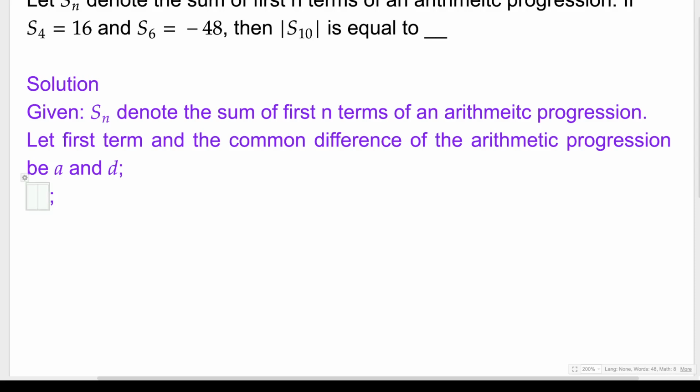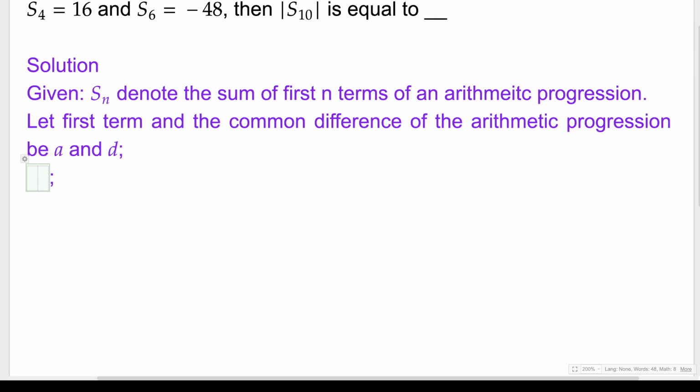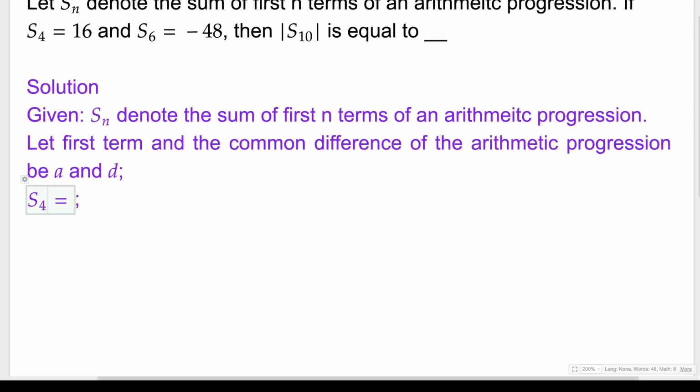From this we can write S subscript 4, which is given equal to 16.